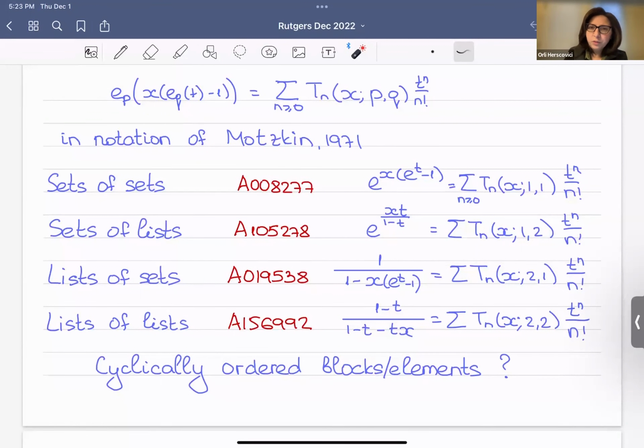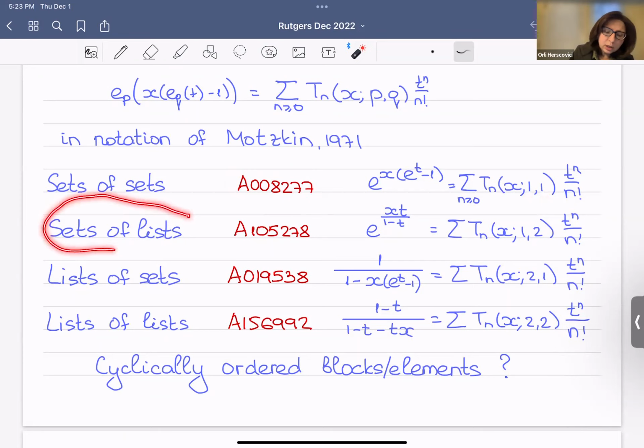If we consider the analog of the coefficients S and K, this will be exactly Stirling numbers of the second kind. This is the sequence number in the Online Encyclopedia of Integer Sequences. This case corresponds to P equal 1, Q equal 1.